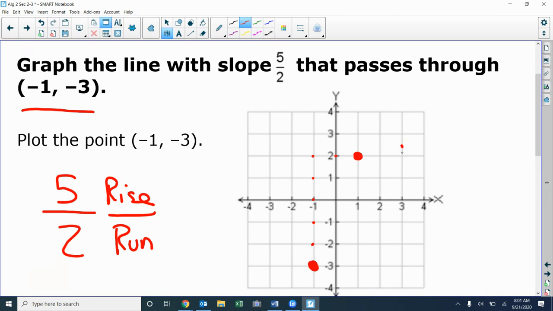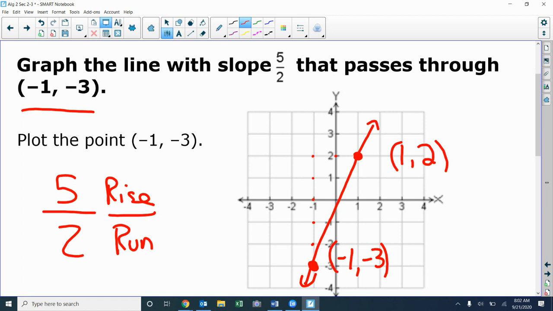My x is 1, my y is 2, and then we can connect those lines. And there's our linear, of course. This point was -1, -3. You'll really get in the habit of at least labeling 2 points, especially on your assessments, as we start to have those.